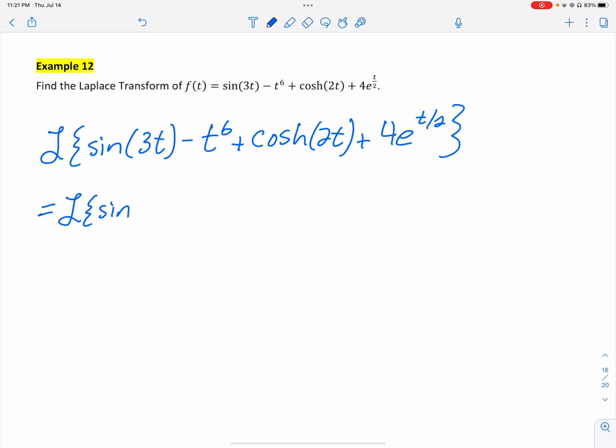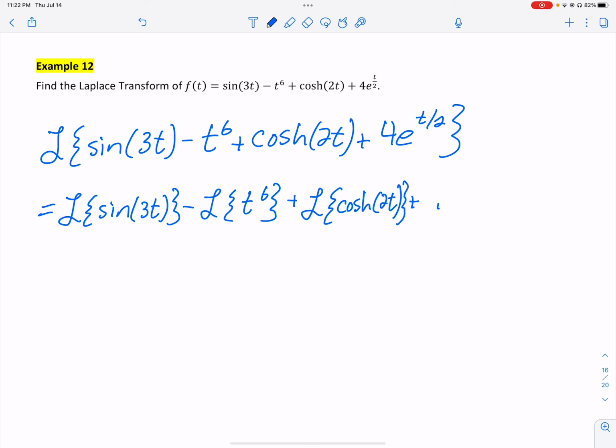If you can do it without it, that's fine. I say the more that you write, the better, because I am a partial credit giver, which means if you mess it up and you write everything out, I could probably give you quite a bit, if not almost all of it. Up to you, though. I won't make you do extra work. I won't beg you to write more. Okay, so I got that, and then I can pull this 4 out to Laplace, so you can see how everything breaks down.